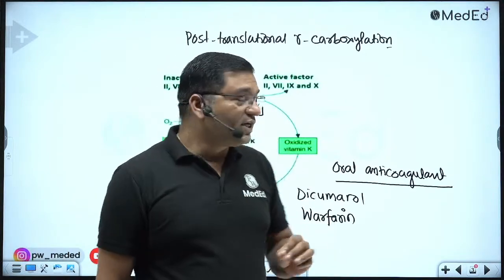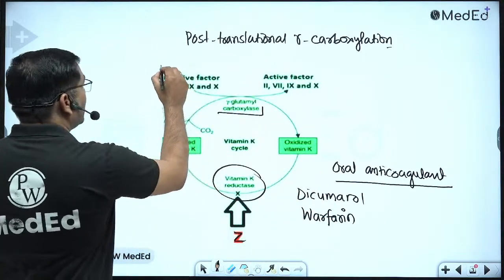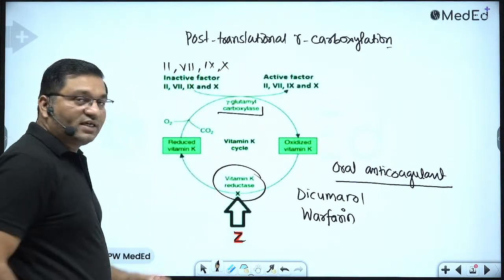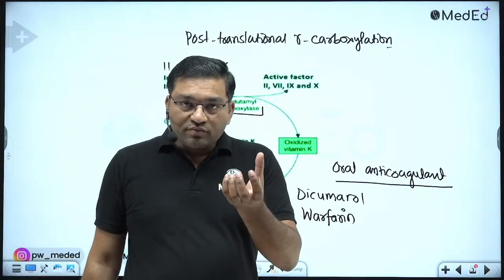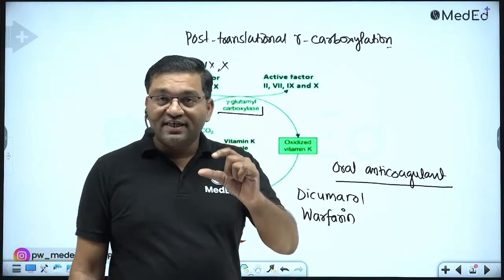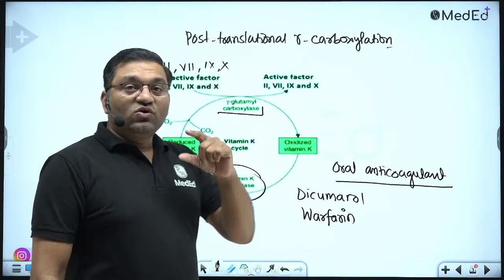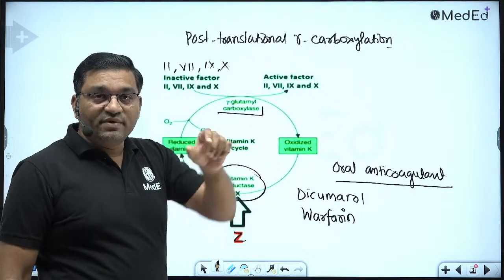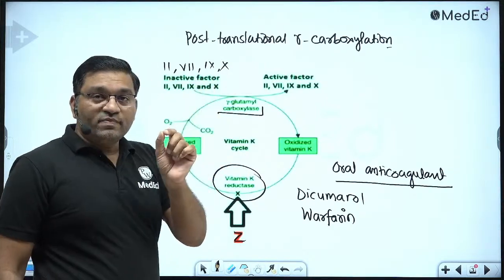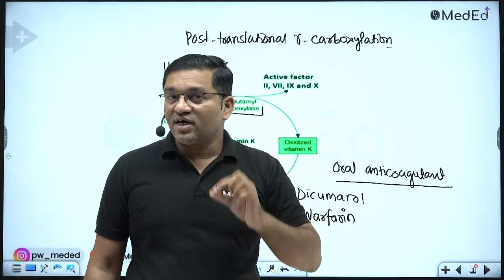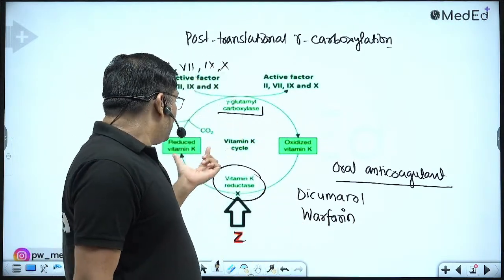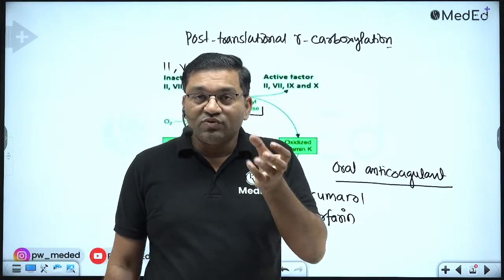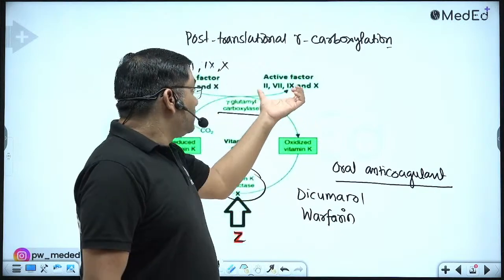इसका मतलब ये होता है कि clotting factor 2, 7, 9 और 10, इसके एक्टिवेशन के लिए हमको, for the activation of factor 2, 7, 9, 10, we require vitamin K. It causes gamma carboxylation of glutamate. इसमें जो ग्लूटामेट रहता है पेप्टाइड में, उसमें एक कार्बोक्सिल ग्रुप अटैच रहता है गामा कार्बन को। तो ये विद द हेल्प ऑफ विटामिन के we add the second carboxyl group and we give the extra negative charge to this clotting factor.